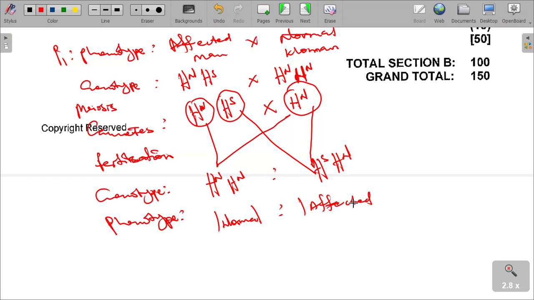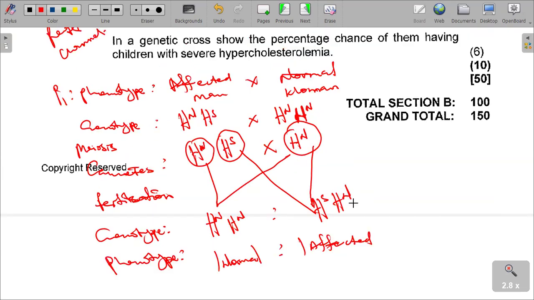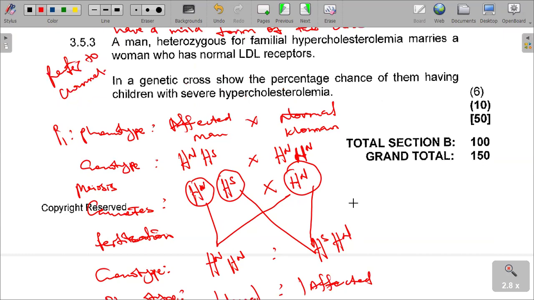So what does the question want us to say? It's saying in the genetic cross, show the percentage chance.